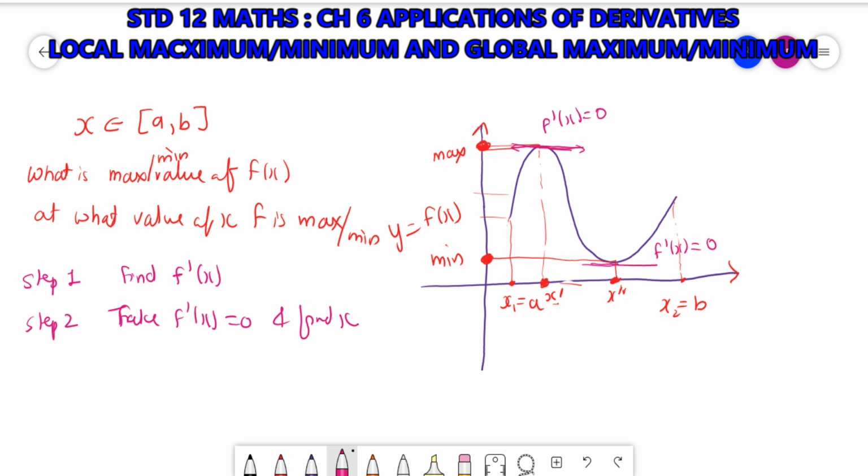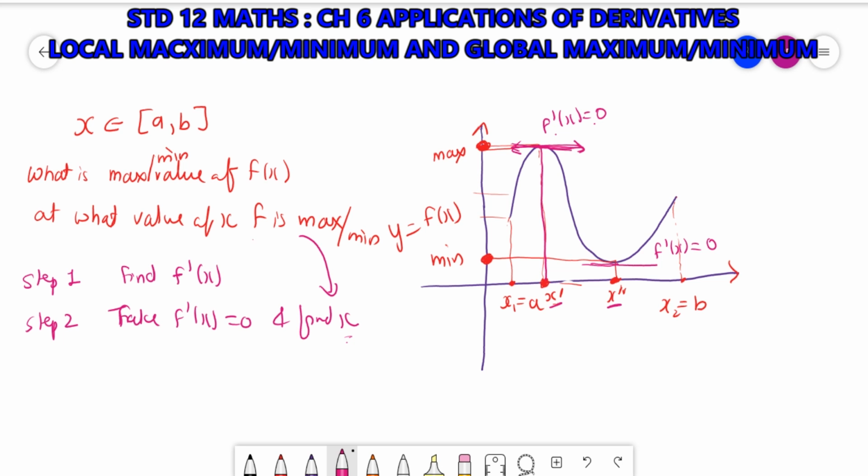When we take f dash x equal to 0, at that time the tangent will be horizontal, means the slope is 0. So at that point you will find this value x dash and x double dash. You may get more than one value of x such that f dash x equal to 0. So this is our answer to this second question. At these values of x, the function is having either a maximum or minimum value.